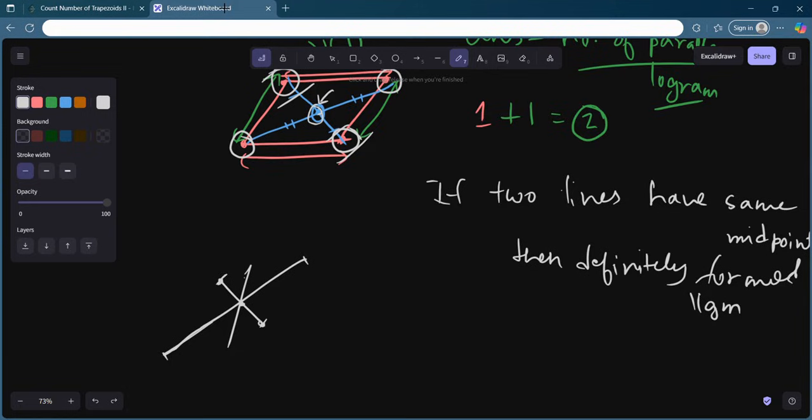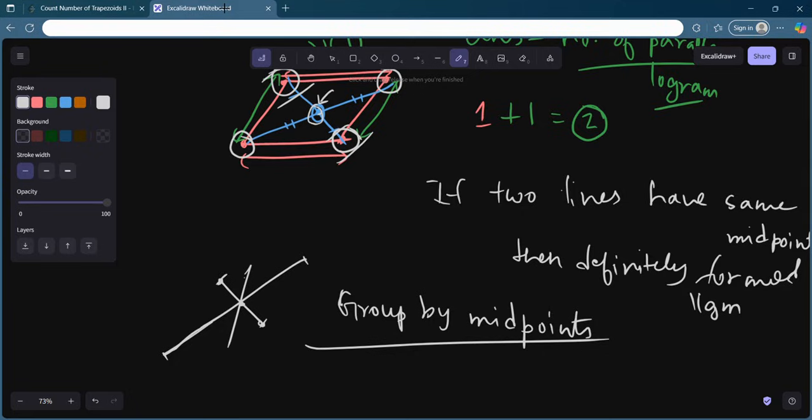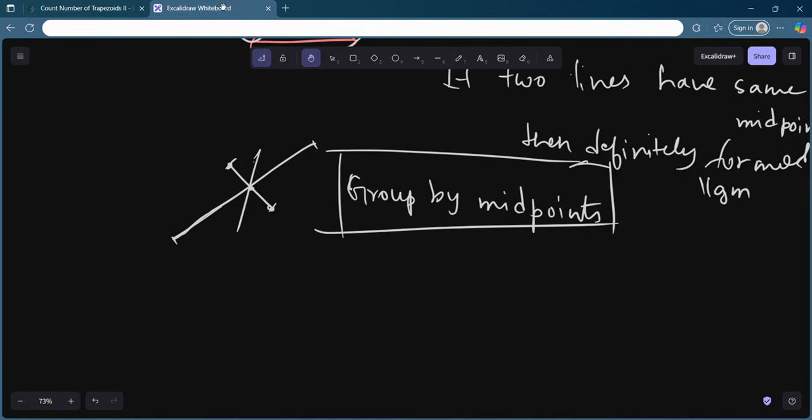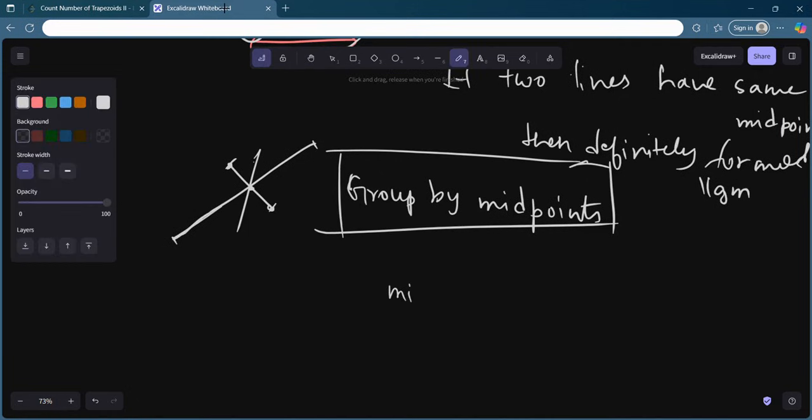And why not now group by midpoints? So you can easily group by midpoints, and you can keep a midpoint comma vector of slopes. Why will you keep this?